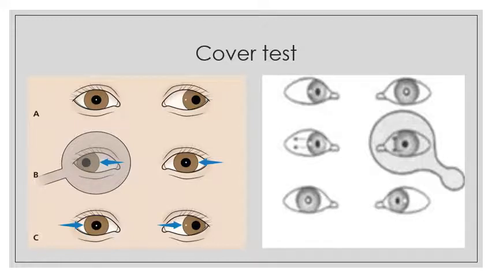Cover test is used in patients with strabismus. Those patients have an abnormal corneal reflex test. The light is in the center of the cornea in one eye and is on one side of the cornea in the other eye.